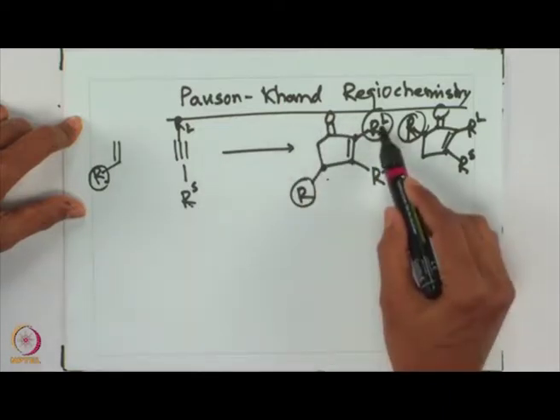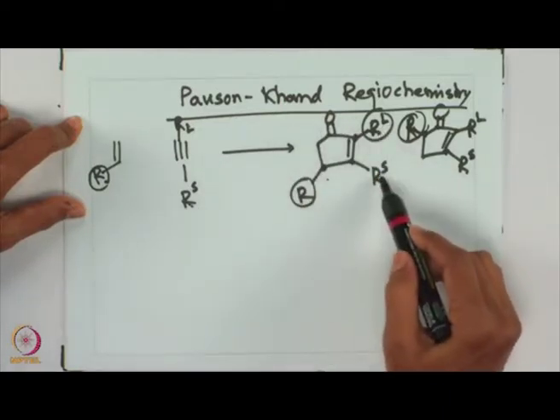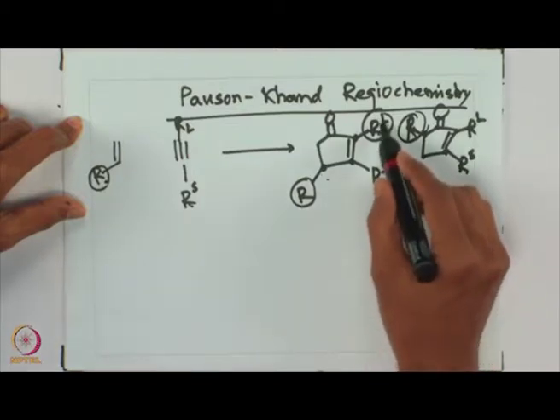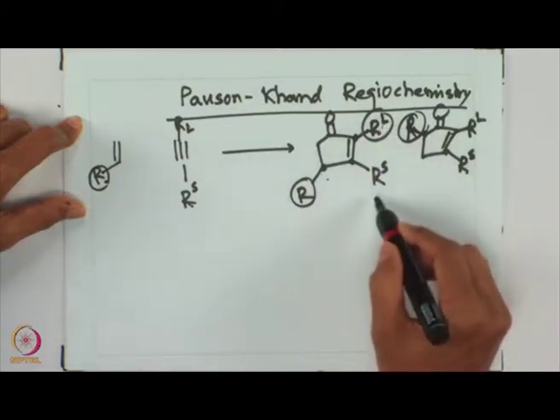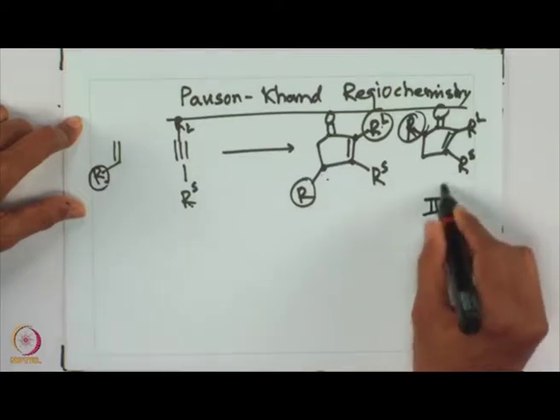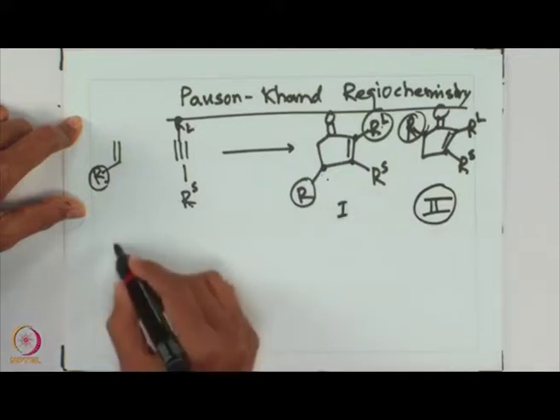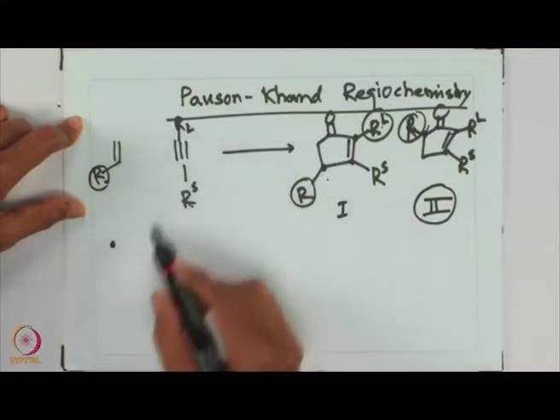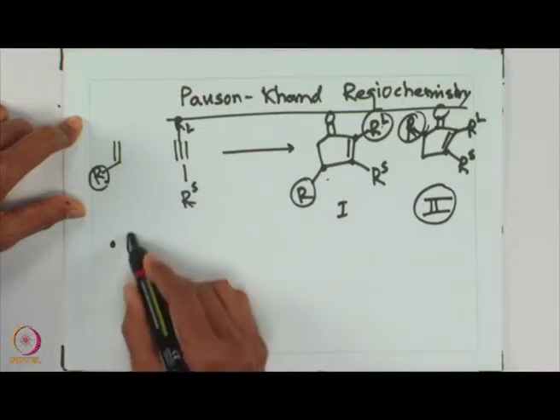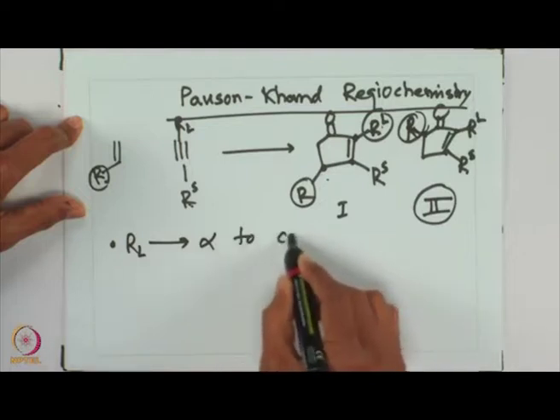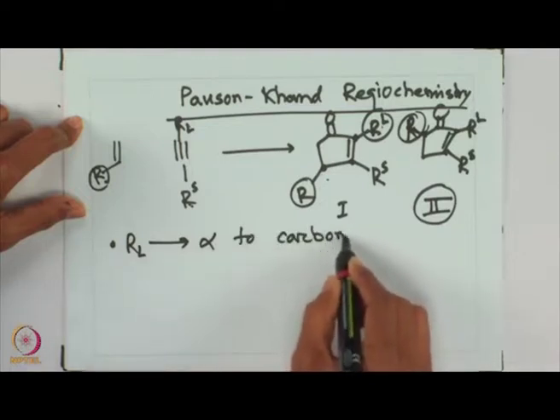And if R_L and R_S are not hydrogen, then mostly we get this compound 2. Okay. So, the first fact is you will have R_L always alpha to the carbonyl. That is the first fact.